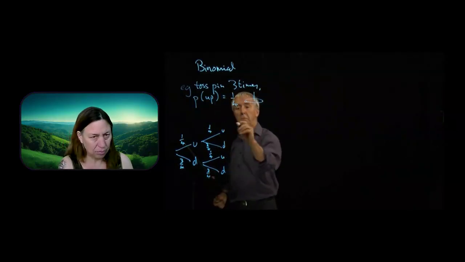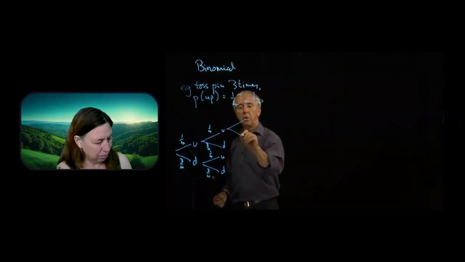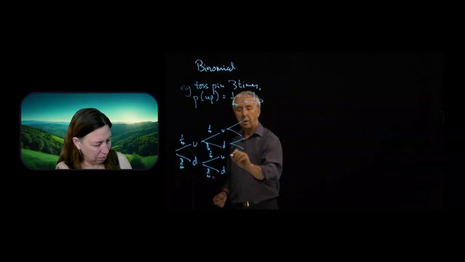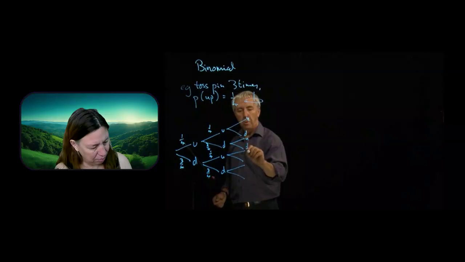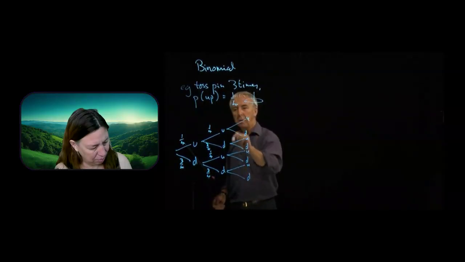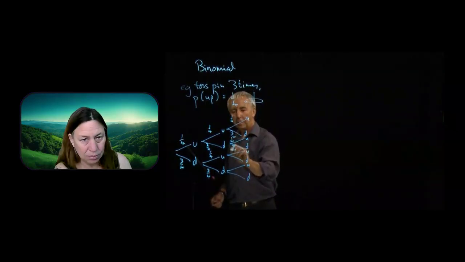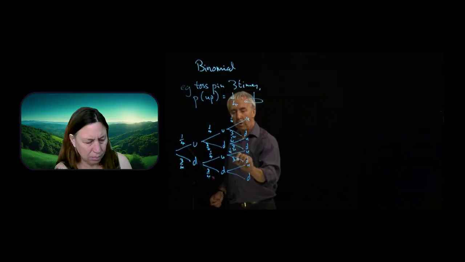That's the second throw. And I can have the third toss of the pin. And again, whatever had happened before, I can still get pin up or pin down. And again, it's going to be the same sequence of probabilities. The pin does not remember what it did before.